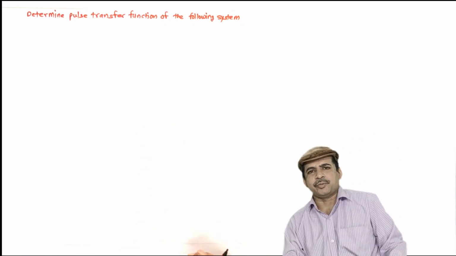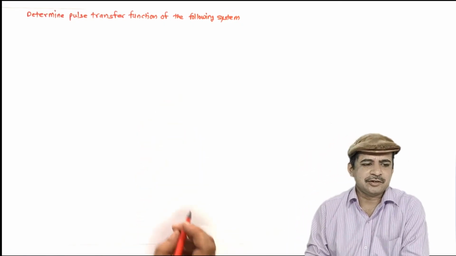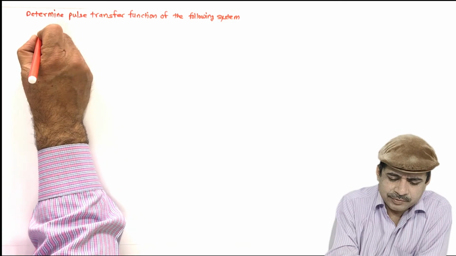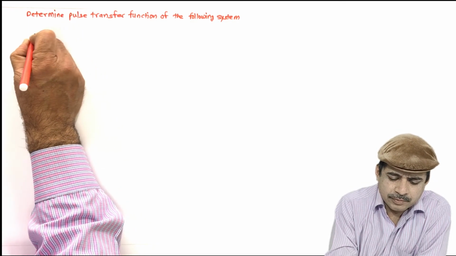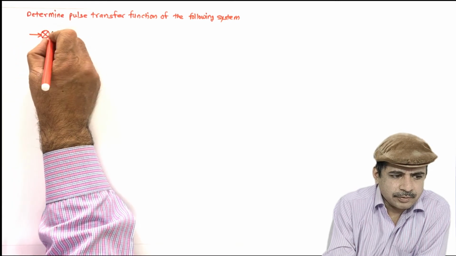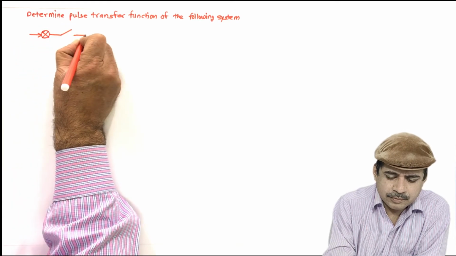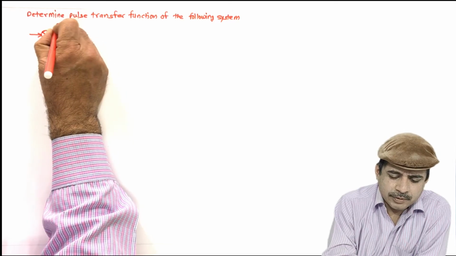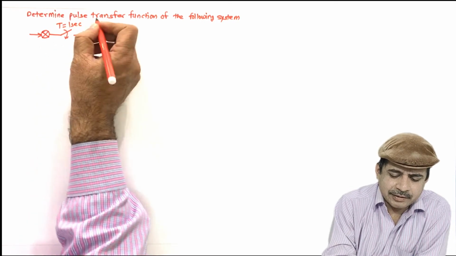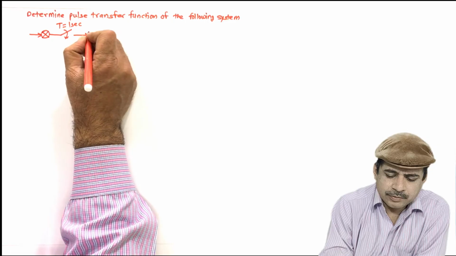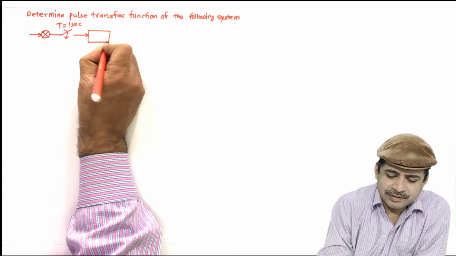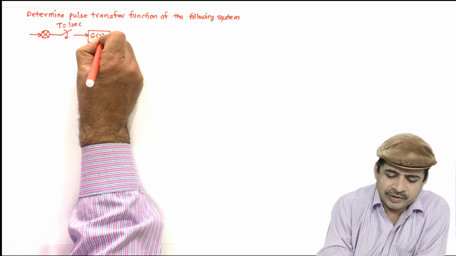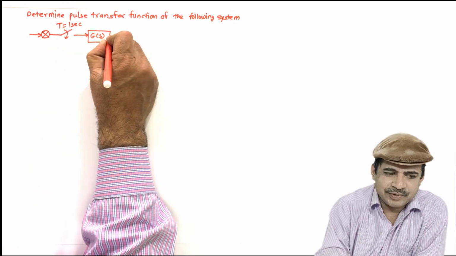Now the concept of obtaining step response is already done a number of times. T equal to 1 second. You can solve a number of examples on your own for different G of S and different sampling times.